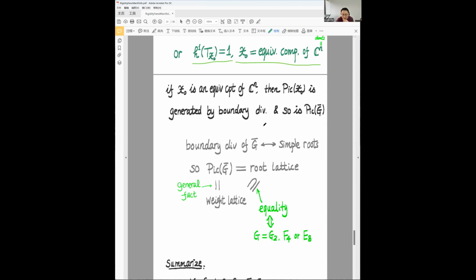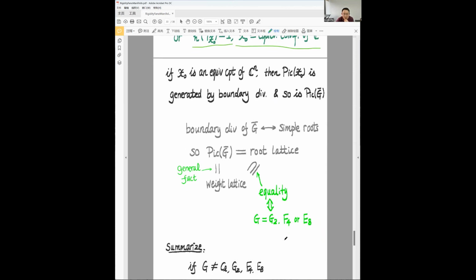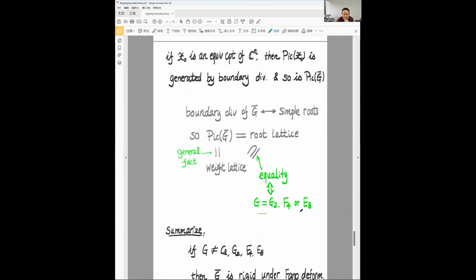Maybe I need to be quick. Maybe I just say a few words. In fact, we need to divide into several cases. For example, if G is not of these types, G2, F4, and E8, because these three cases correspond to the root lattice being equal to the weight lattice.